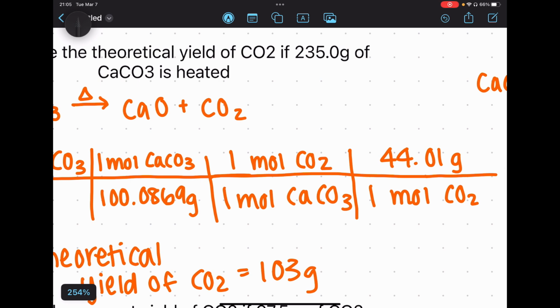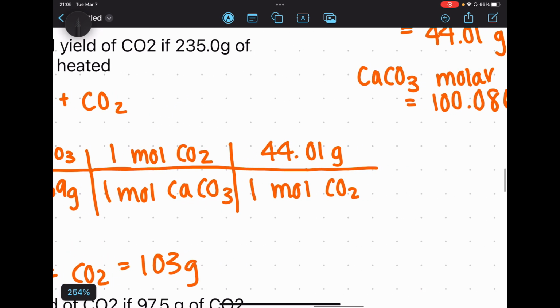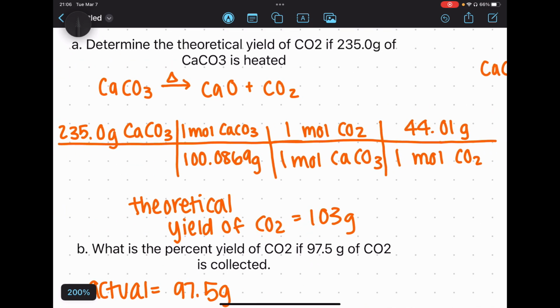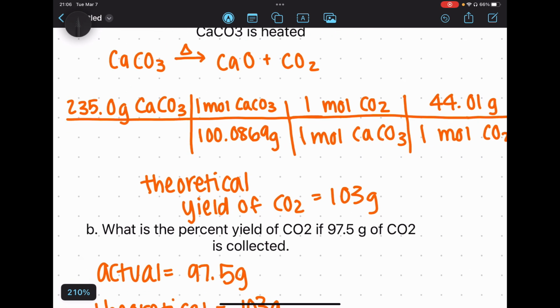And then I'm going to do the molar ratio of CaCO3 to CO2, which is just a 1 to 1. And then I know that my molar mass of CO2 is 44.01 grams per every 1 mole of CO2. So when I plug this into my calculator, I should get a theoretical yield of CO2 to be 103 grams.